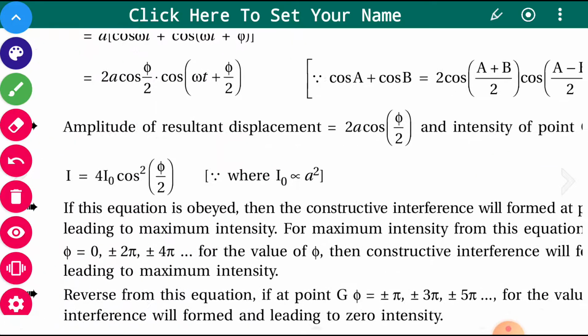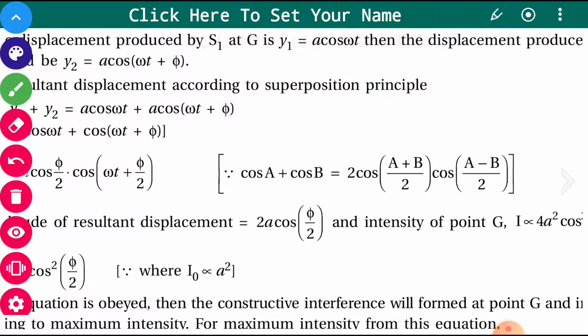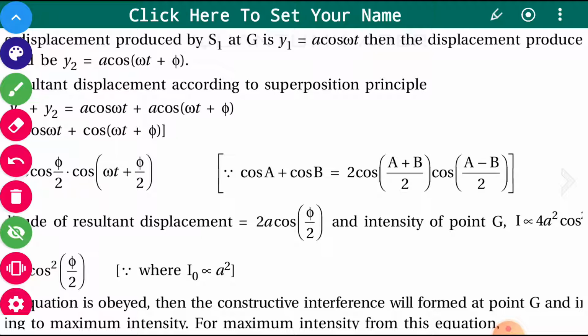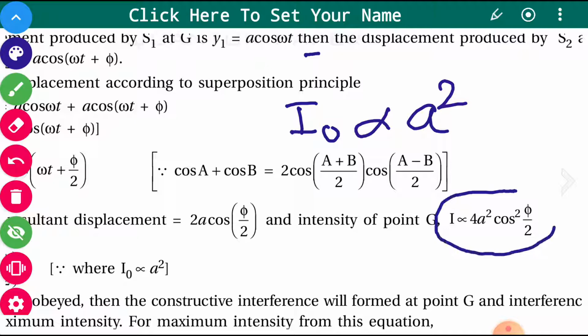Now if you take the initial intensity I0 of the superposing wave, it is proportional to the square of amplitude A, so I0 is proportional to A square. And the intensity which we got is nothing but 4A square cos square (phi by 2).